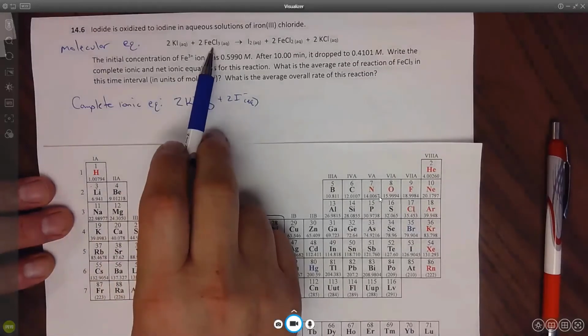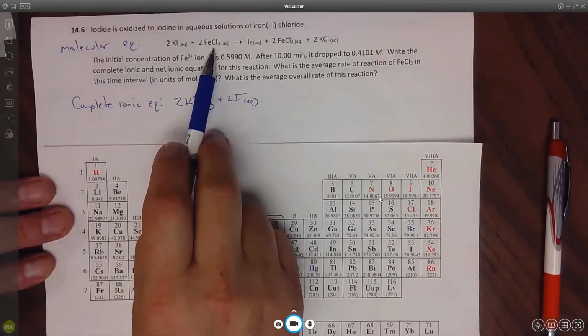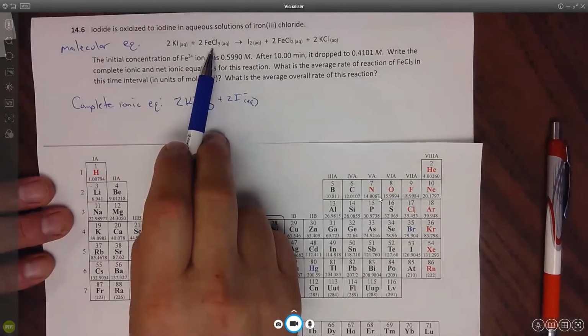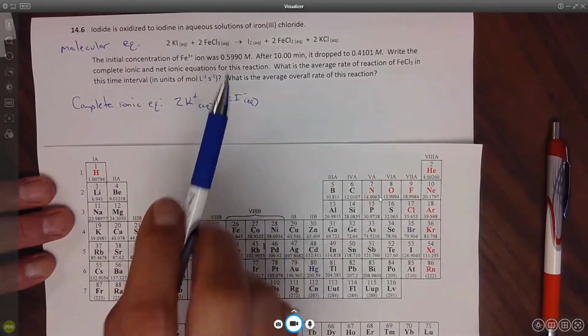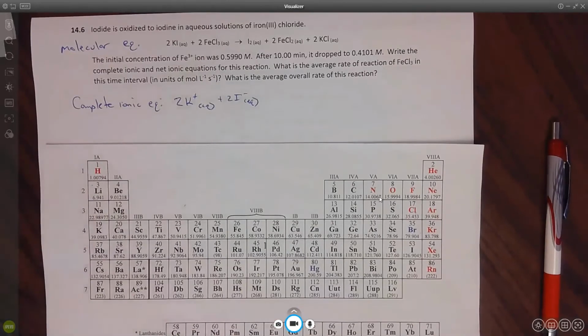The rule actually states, this would be rule number 3, and you don't need to know the rules by their numbers, but rule number 3 tells us that most salts that contain the chloride, bromide, or iodide anions are generally soluble. The exceptions are any compound of the chloride, bromide, or iodide that contain the silver, mercury, or lead ions. Well, iron is not one of those exceptions. It's not silver, mercury, or lead. So iron 3 chloride is a soluble salt and therefore a strong electrolyte.